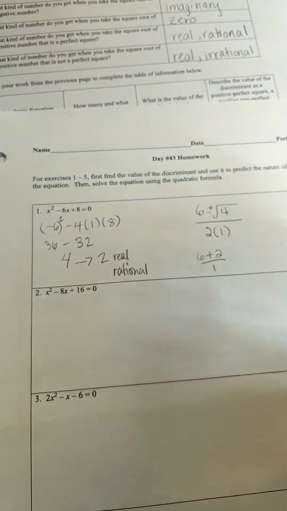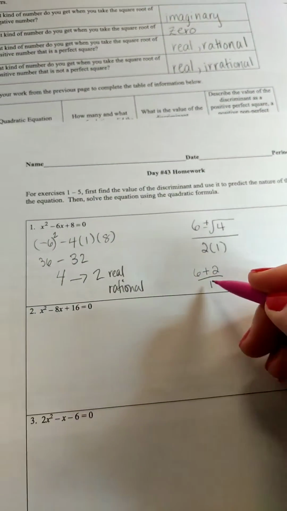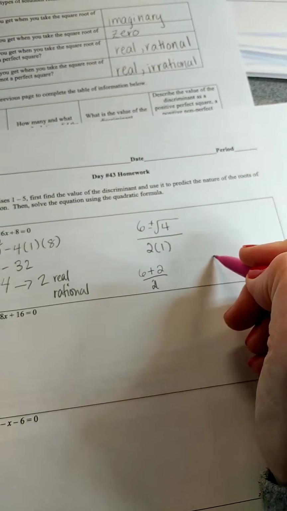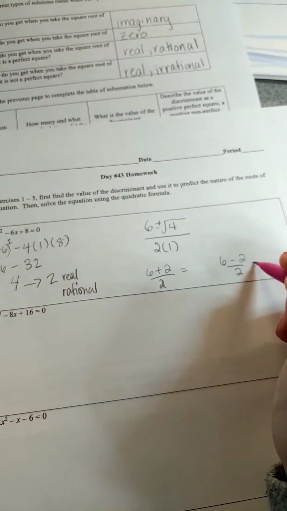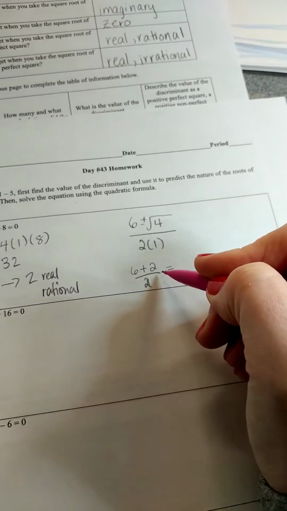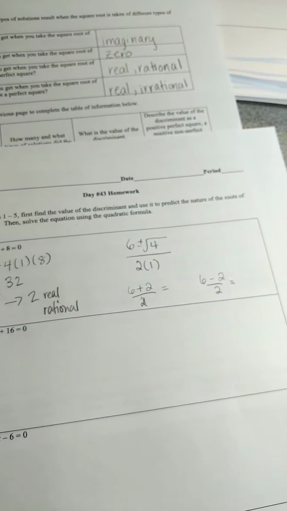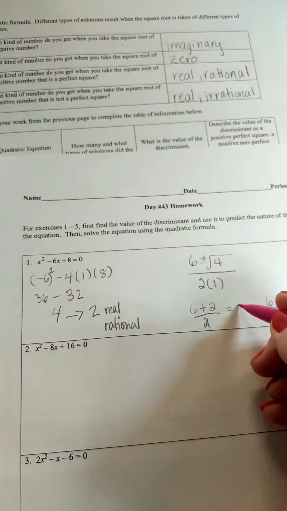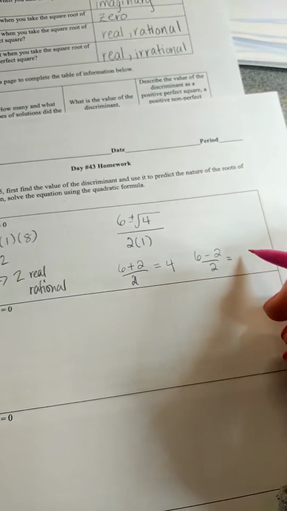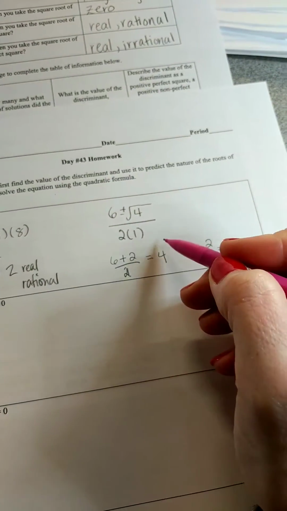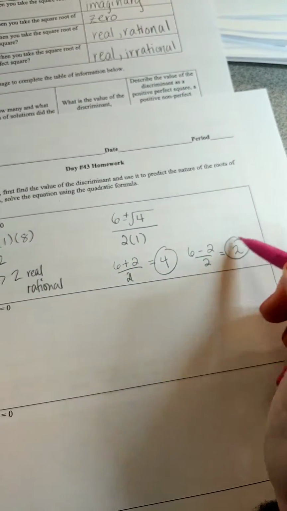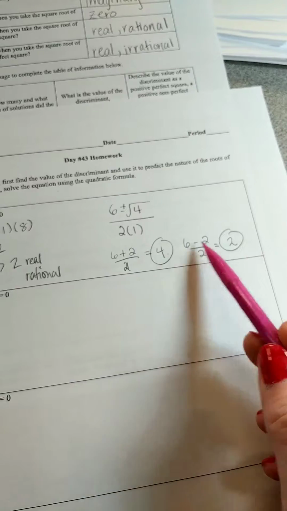So I've got 6 plus 2 over 2 and 6 minus 2 over 2. What's 6 plus 2 over 2? It's 8 divided by 2 is 4. What's 6 minus 2 over 2? 4. Okay. Some of us are on different steps, but that's okay. Those are my 2 answers.